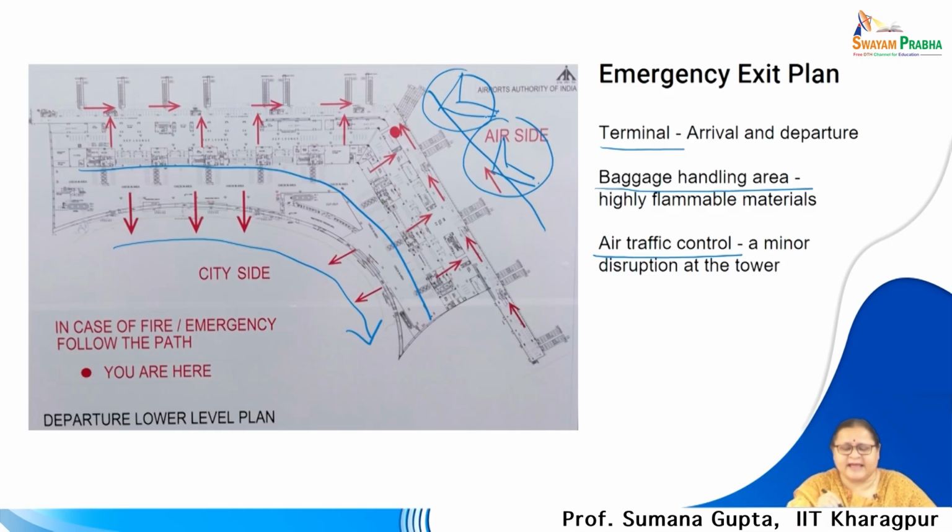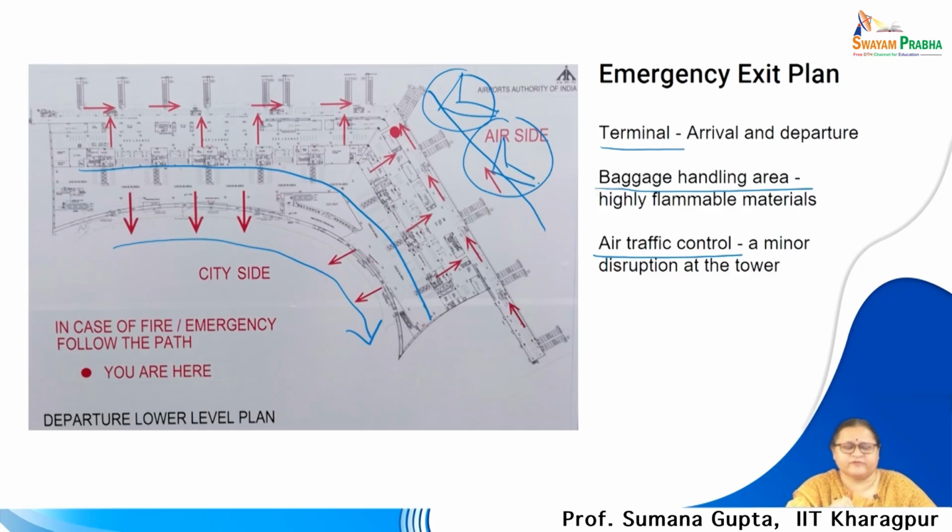So, with this understanding, you can understand that planes in their aprons are standing, and they are charged with fuel, and at any point of time there can be a case of fire during flight alighting or boarding.